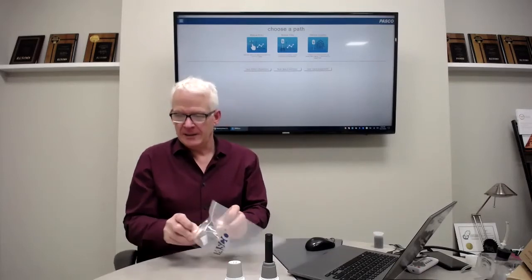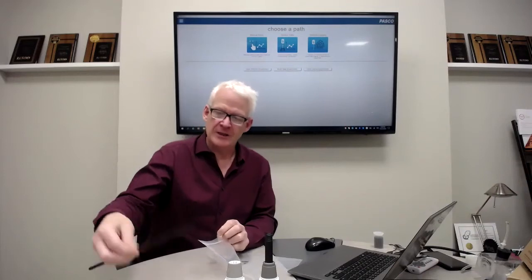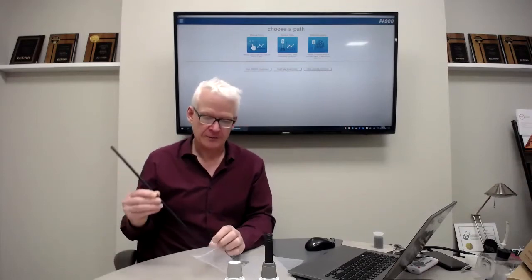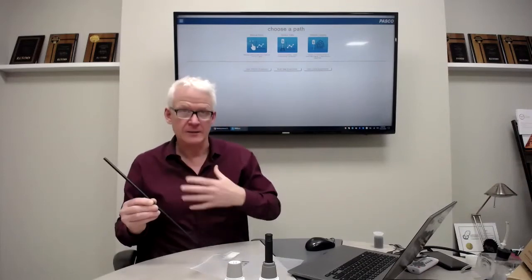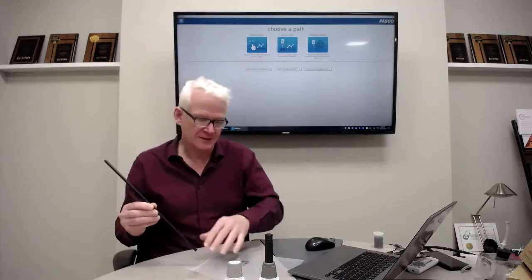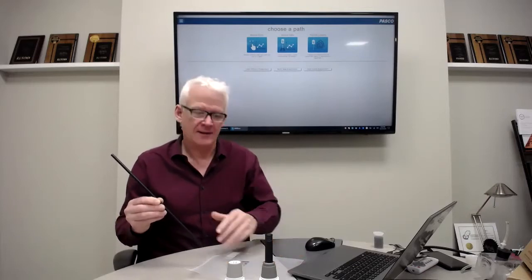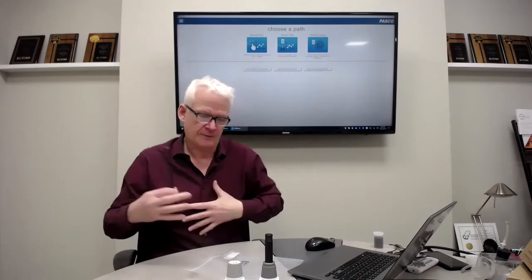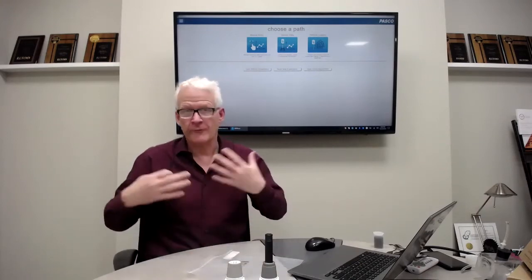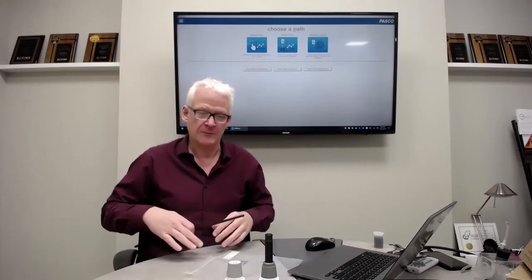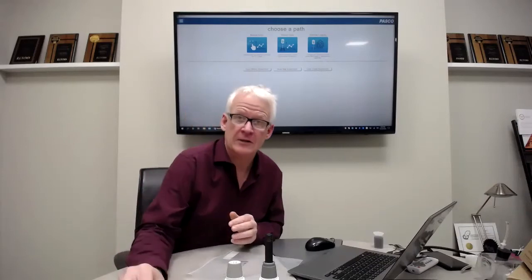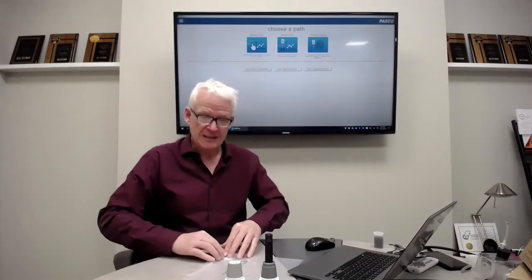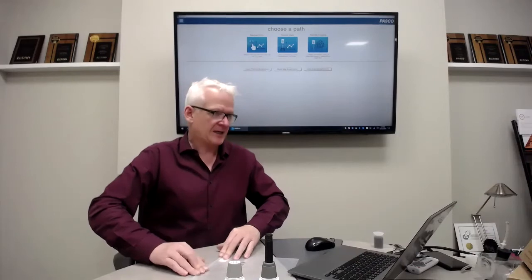Then with this makeshift straw, I'm going to take a deep breath and blow air from my lungs to fill up the bag. It's an empty bag to start off with, so any air in there will be from my lungs. We're going to see what happens with the CO2 levels and the oxygen levels.